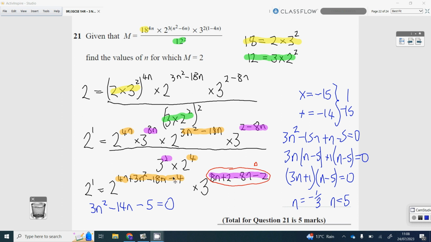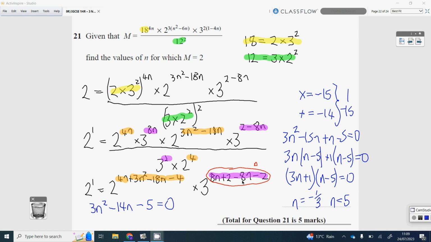And similarly with the power of the 3s, we're adding the 8n to the 2 minus 8n, and we're subtracting the 2. And this is the bit I was referring to earlier on. That rather conveniently cancels down to being nothing. 8n minus 8n is 0, 2 minus 2 is 0, and 3 to the power of 0, anything to the power of 0, is 1.